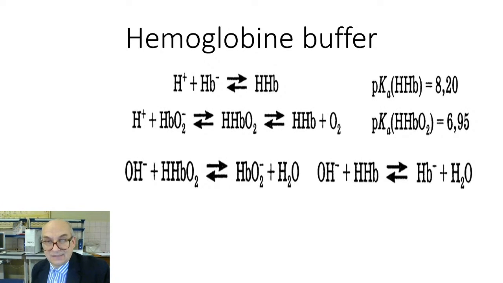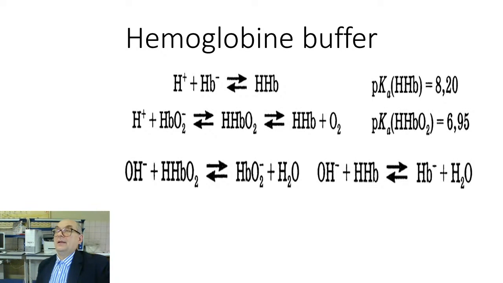It means that if pKa decreases, acidic properties increase. So, underline, oxyhemoglobin is a more stronger acid than hemoglobin itself.